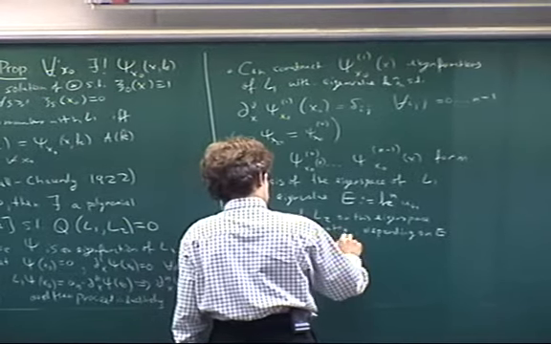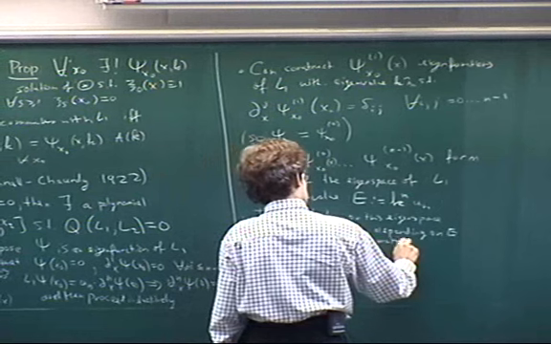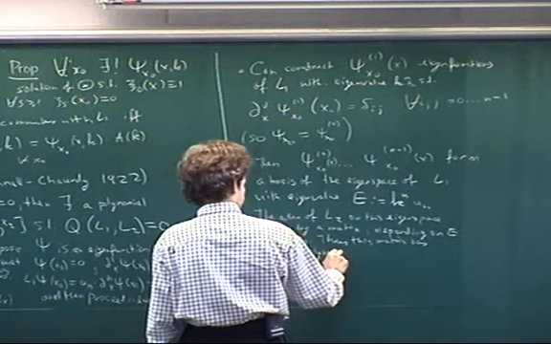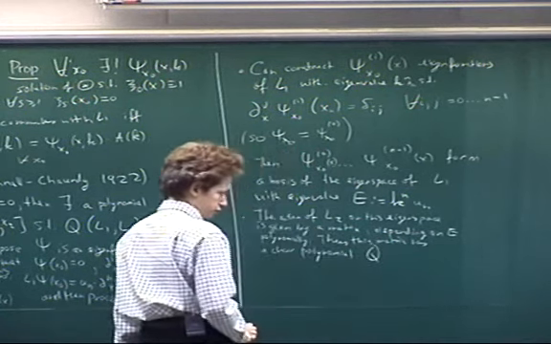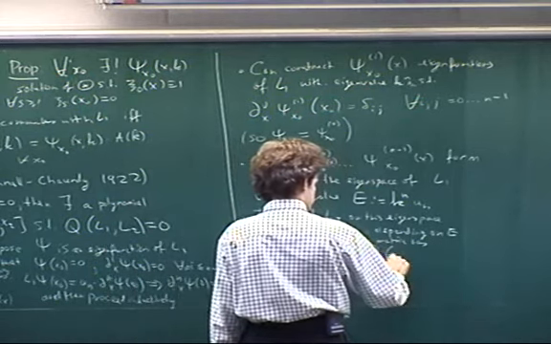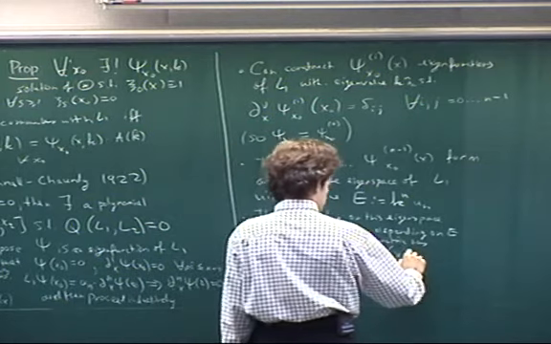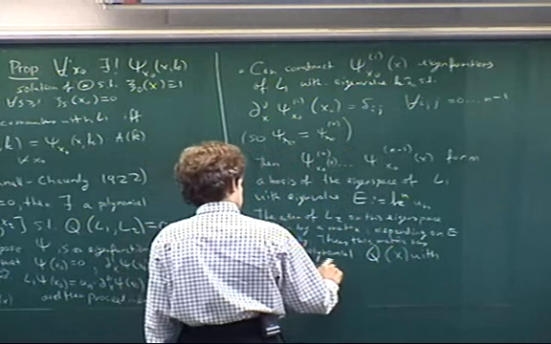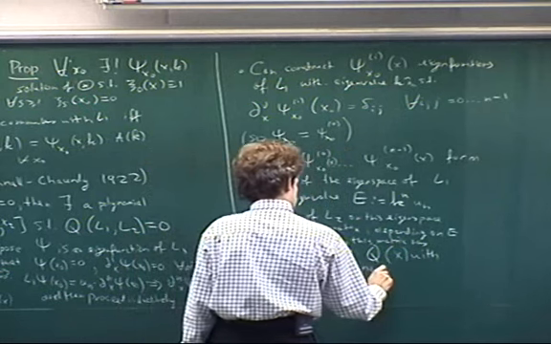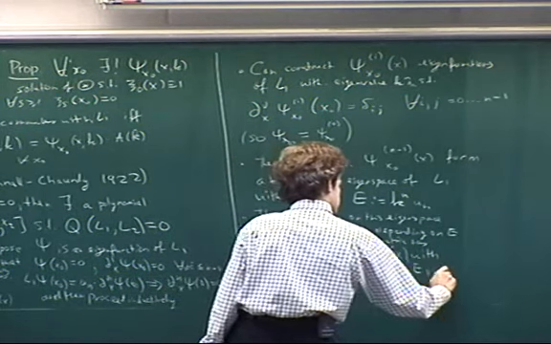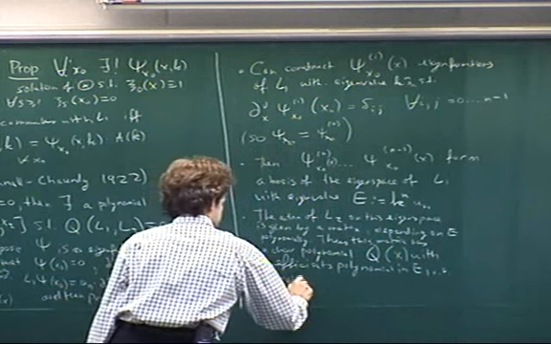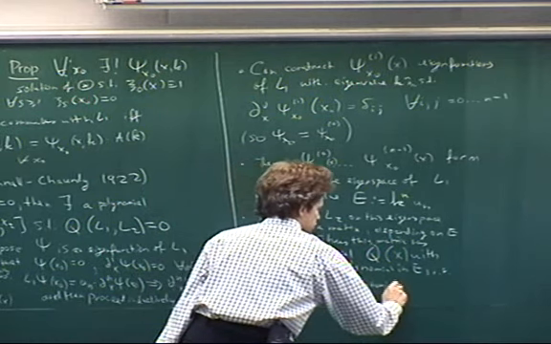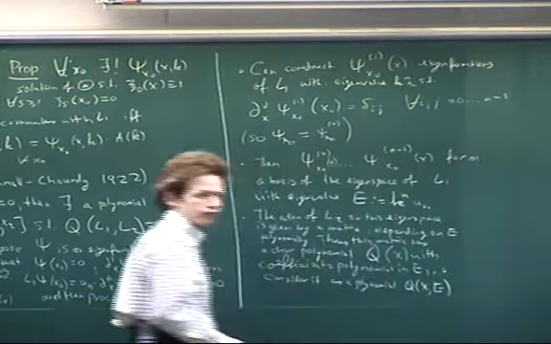So thus, this matrix has a characteristic polynomial Q. Well, it's a polynomial Q of x with coefficients being polynomials in E. So we can consider it as a polynomial Q of x and E. Okay?